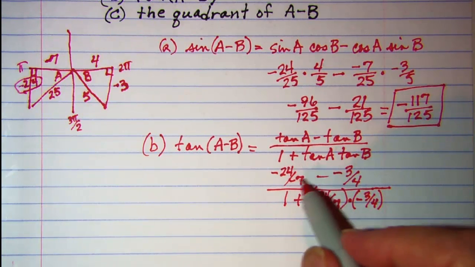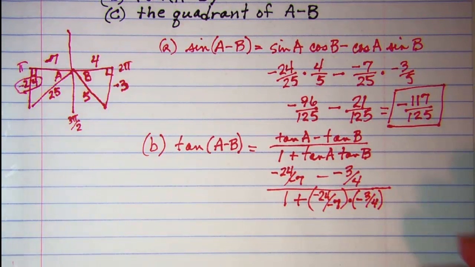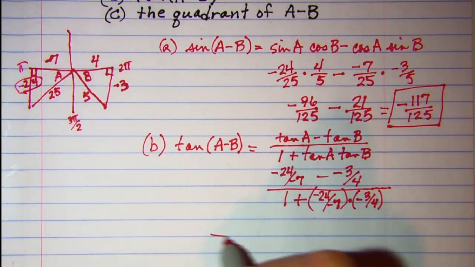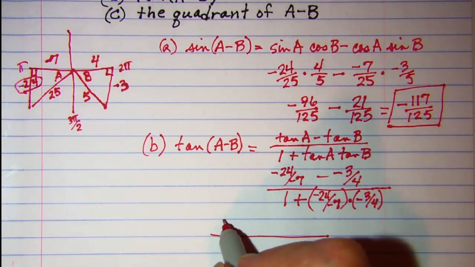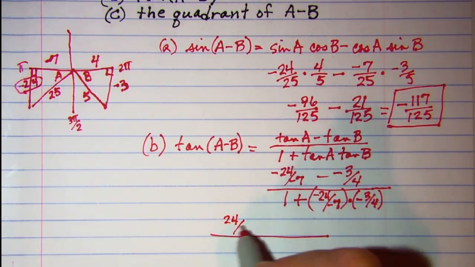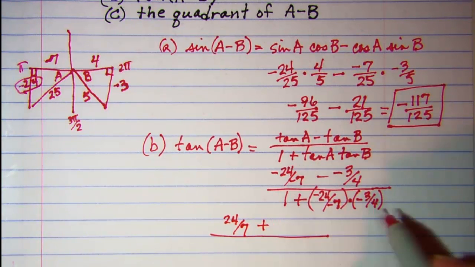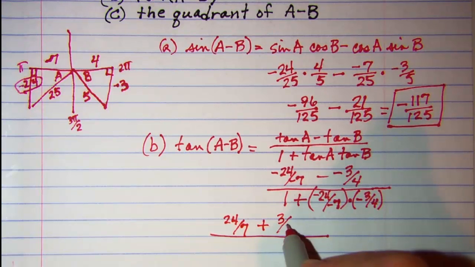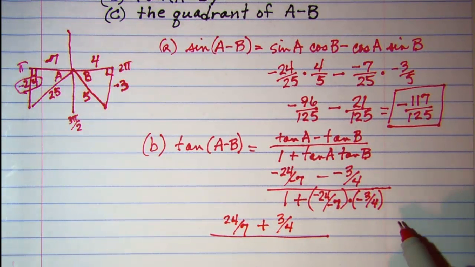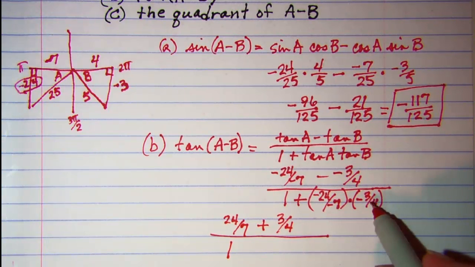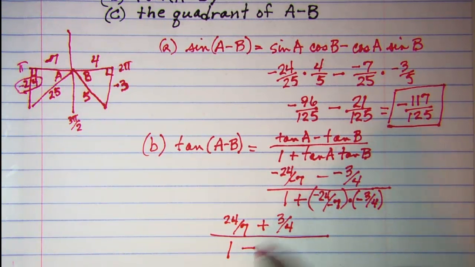This is a negative fraction, so 24/7, and then minus minus, I can make that plus 3/4. 1, this is positive, negative, so that's a minus. And then the product here is 72 over 28.